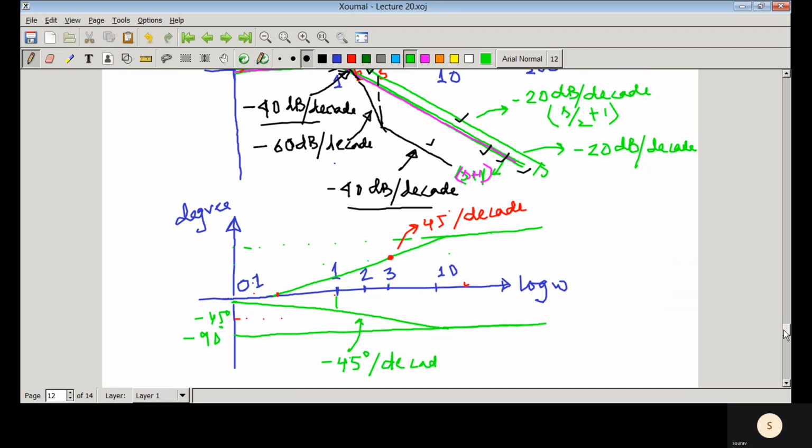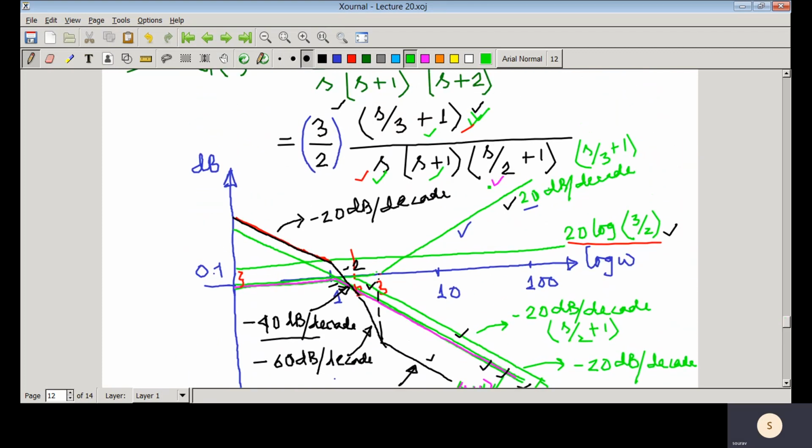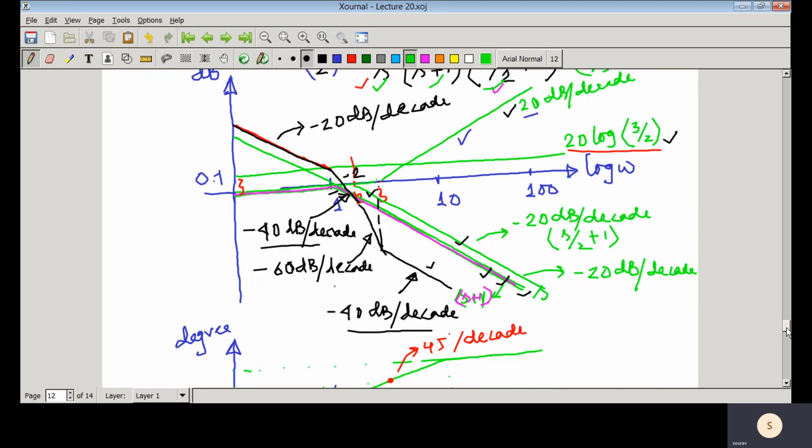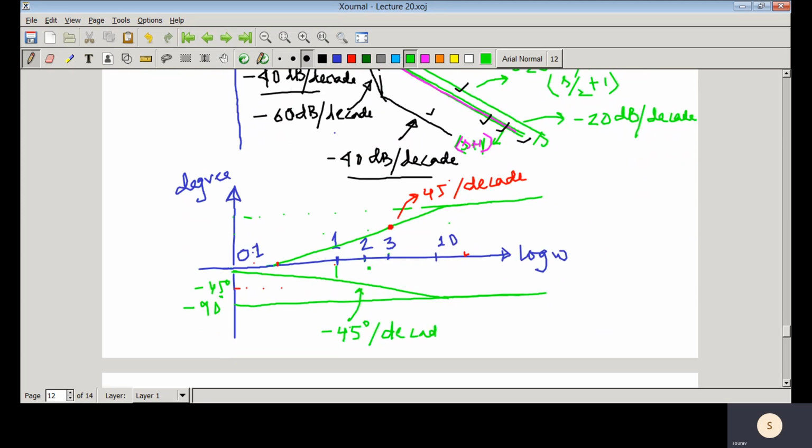Similarly for the second one, we can see that at S equal to 2, it would be 45 degree. So that means at S equal to 2, there will be a shift here and you have this one. So at S equal to 2, this angle would be minus 45 degree.